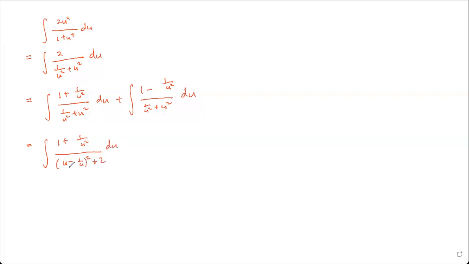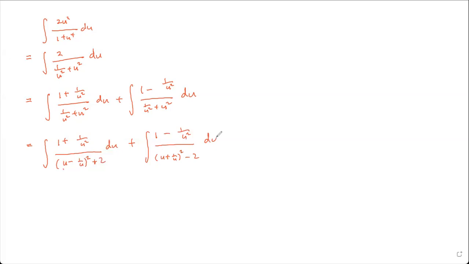Just check: if I expand this out, I'll get u square plus 1 over u square minus 2 plus 2. Yes, that is correct. And then I will do the same for the other one. This would be u plus 1 over u square minus 2.